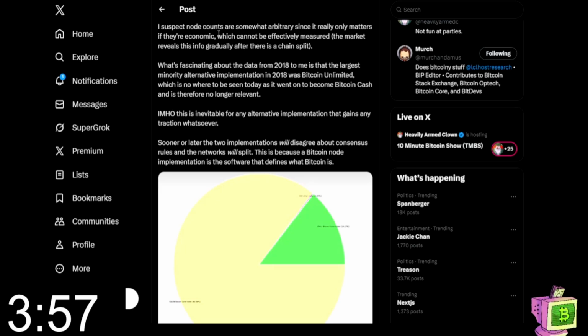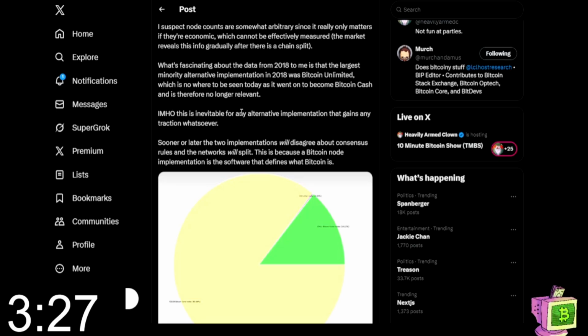The market reveals this information to us gradually after there's a chain split. When you have two competing implementations trying to define what Bitcoin is, and two different user bases running those two different rule sets from two different software clients, inevitably you're going to end up on two different networks, right? Because sooner or later, those two implementations are going to disagree about consensus rules, whether one makes a change that the other rejects, or something to that effect.